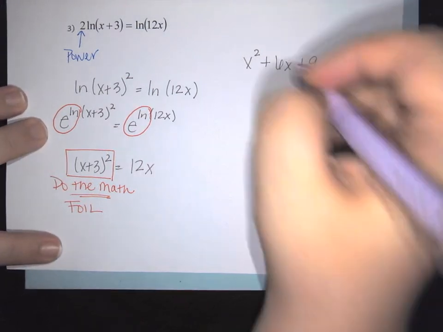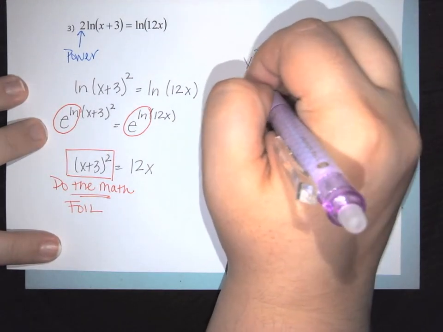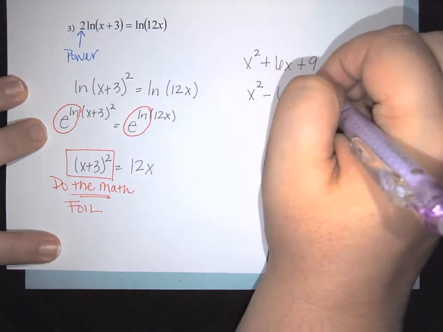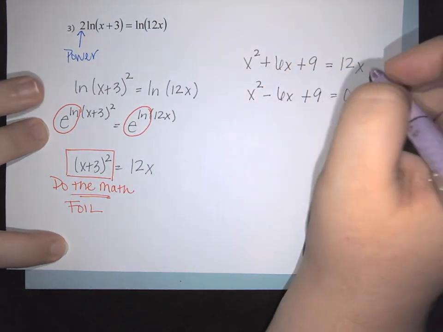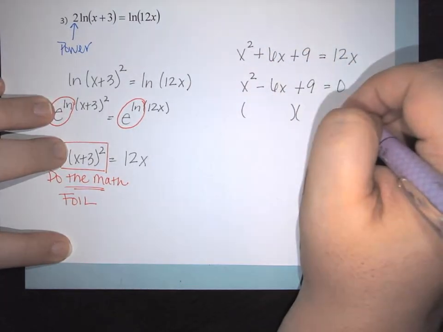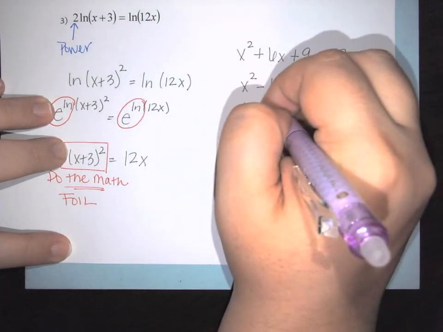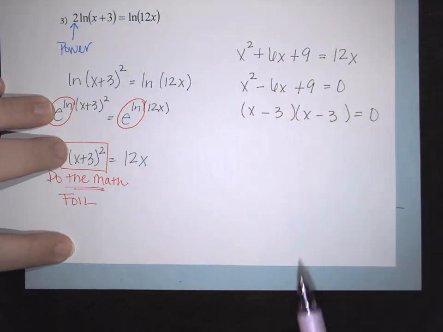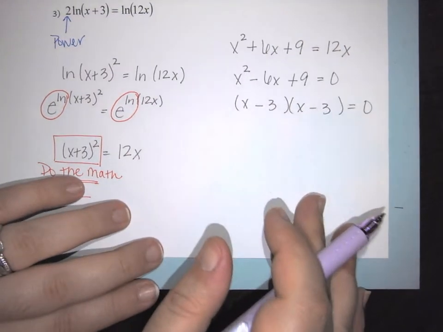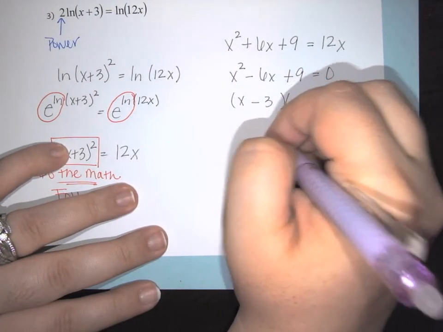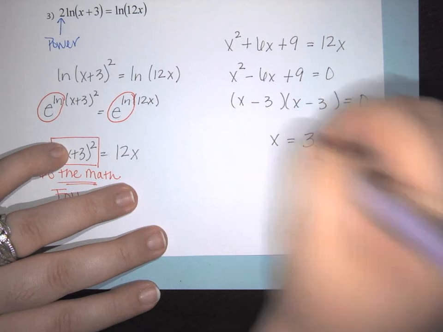I need to move the 12x over, so I end up with x squared minus 6x plus 9 equals 0. So this here is going to give me (x minus 3) and (x minus 3), which equals 0. Instead of trying to solve twice, I can just simply solve once. In this case, x is equal to 3.